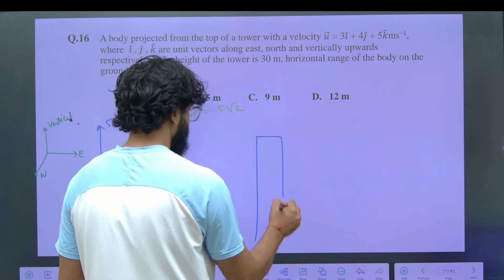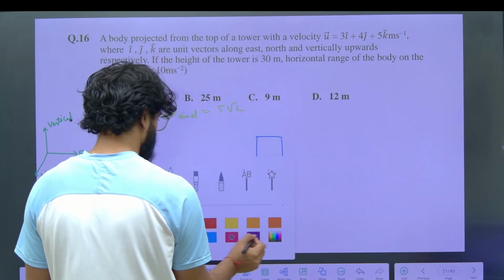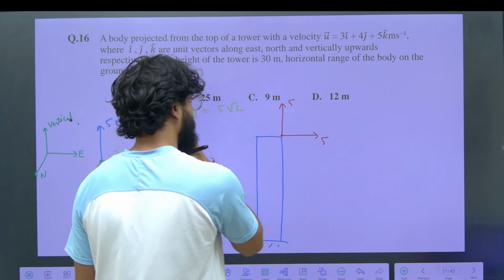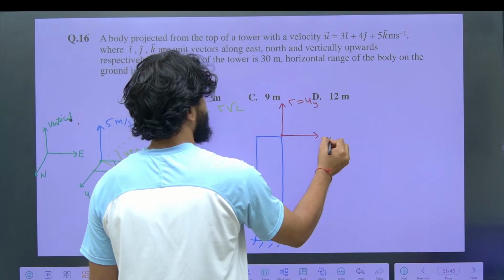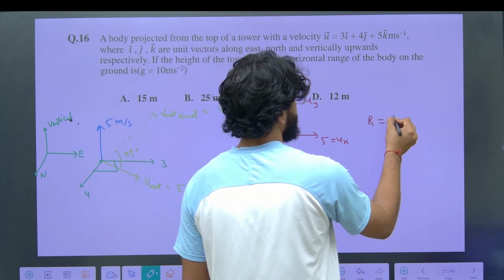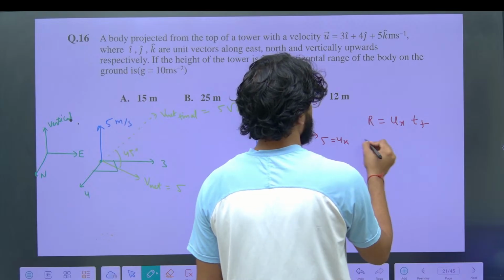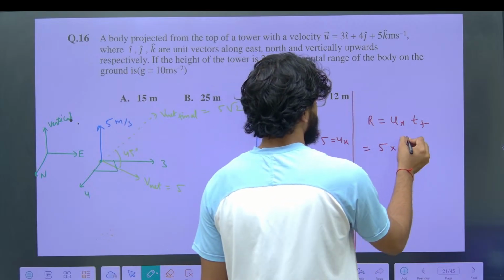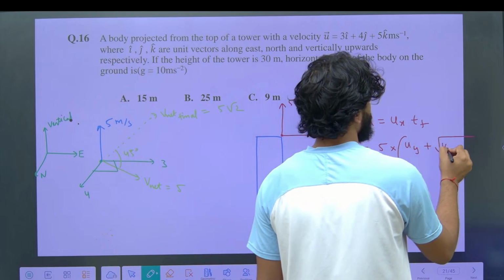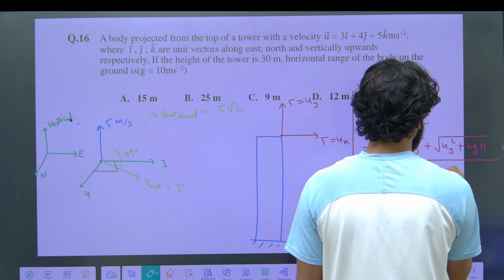So the questioner is saying this, think like this, okay, this is 5 and this is 5, correct? This is uy, this is ux. So range is nothing but ux into time of flight. It is 5 into, what is time of flight? Uy plus under root uy square plus 2gh upon g.